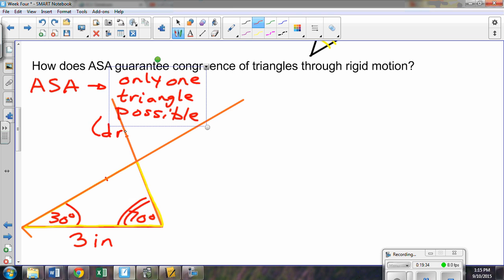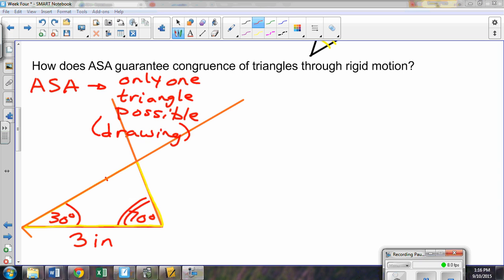And we get this from the drawing. Now, since only one triangle is possible to be drawn, it leaves us open to another possibility.